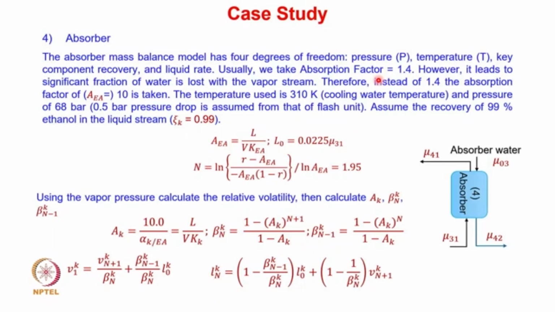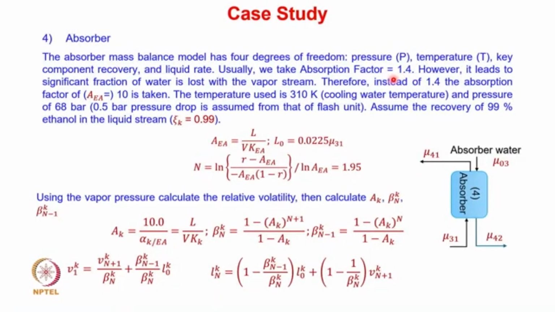A typical value of absorption factor used is 1.4, but if you take 1.4, you will see that the amount of liquid required is very small, and the fraction of the liquid which is vaporizing and going along with the vapor becomes significant. That may lead to a variation in temperature, and we want an isothermal absorber.